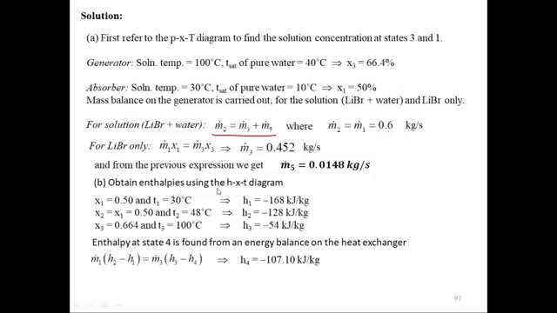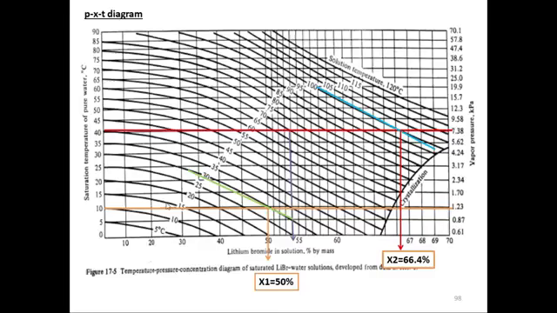Obtain enthalpies using the HXT diagram. With the help of solution temperatures and the concentration values X3 and X1, we can find the enthalpy values. I have marked those on the HXT diagram right here.